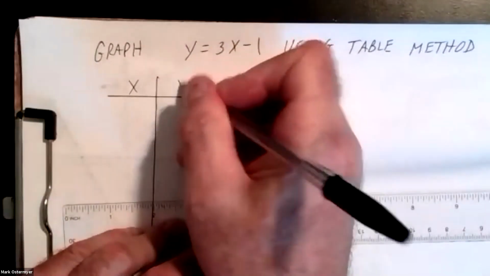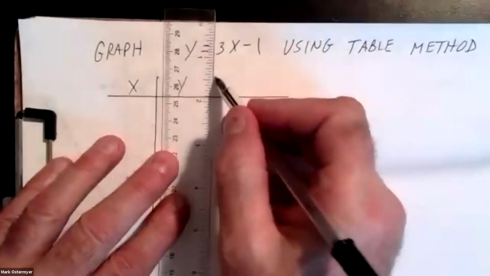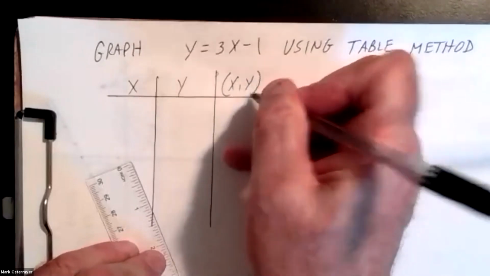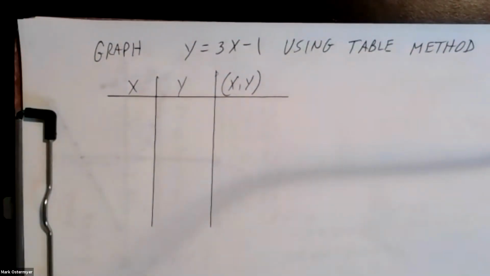An x column, a y column, then an ordered pair column. Give me some nice values for x, ladies and gentlemen, so I can generate at least 3 ordered pair solutions to this equation. At least 3 points.